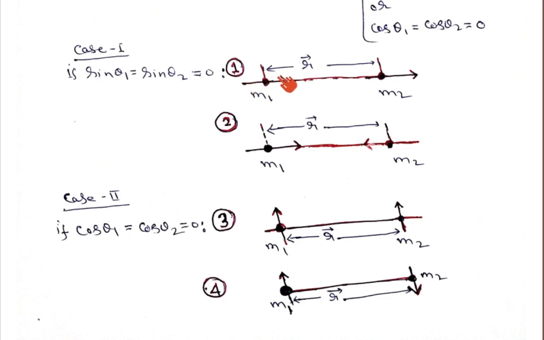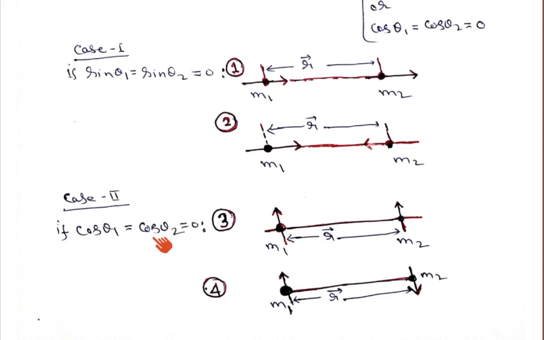So that is with respect to r. Theta 1 and theta 2 were equal to 0 with respect to r. That was theta 1 and here it was theta 2, so that becomes 0. And here also it was with respect to r, that is the line joining the dipoles. That means here cos theta 1 and cos theta 2 become equal to 0, that means theta 1 becomes pi by 2 and theta 2 becomes pi by 2 with respect to the line joining both dipoles.